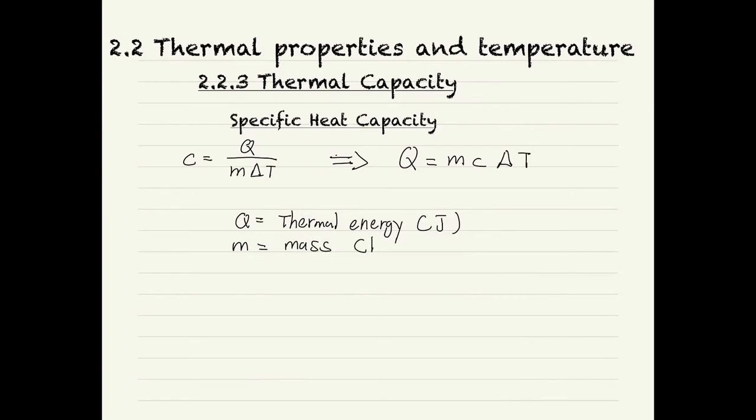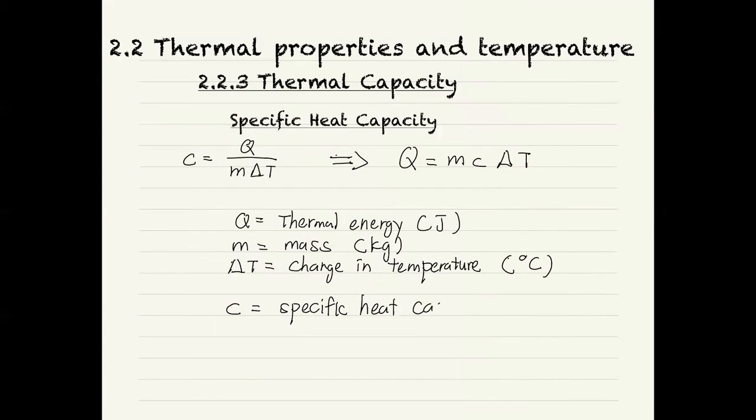Unit is kg. Delta T is change in temperature. Unit is degrees Celsius. c is specific heat capacity. Unit is J per kg.